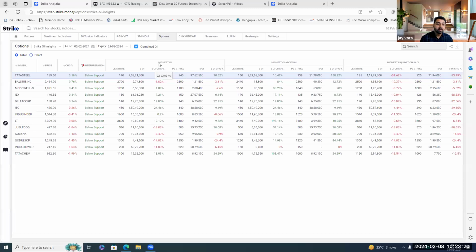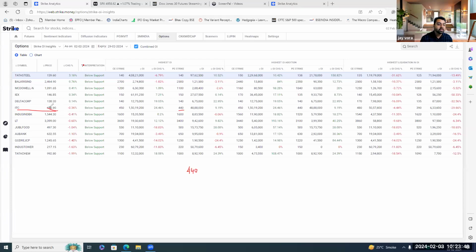So this is the broader concept, and there was, like I said, one more case which was near support level. Unfortunately, right now we don't have any stocks which are near support level. But say, for example, in the case of ITC, say 440 is the highest OI for the put option. Okay.